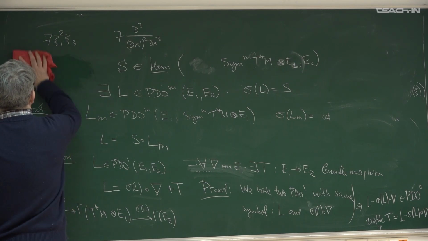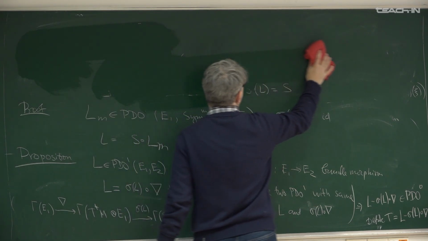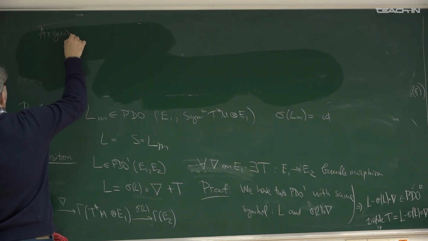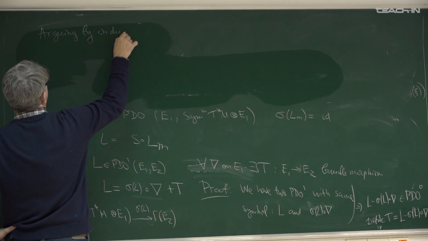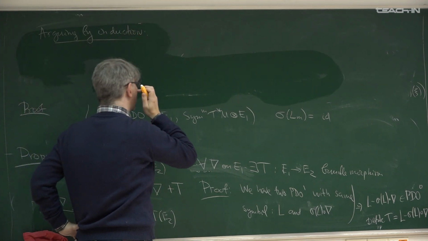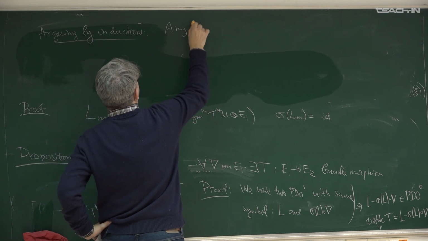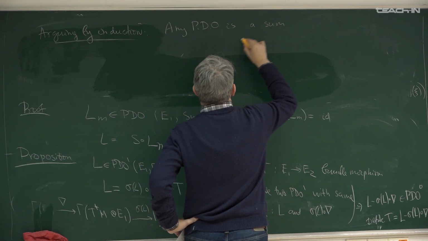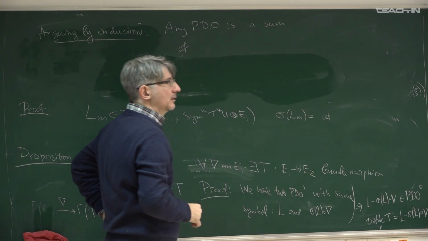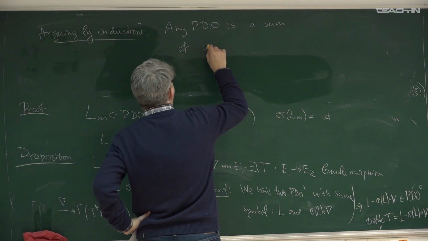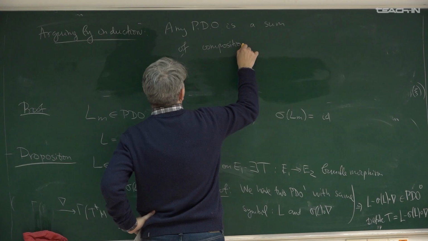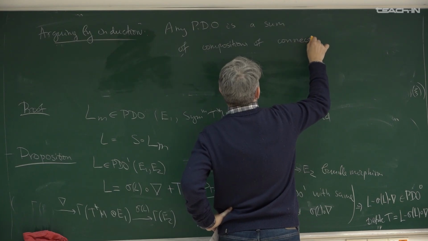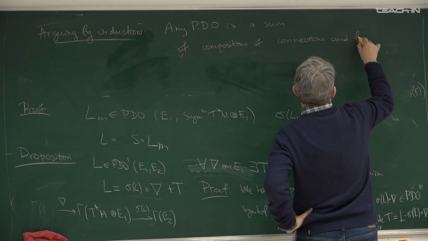So, arguing by induction, we obtain that any partial derivative operator is a sum of compositions of connections and bundle maps.